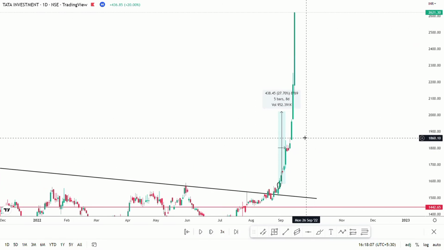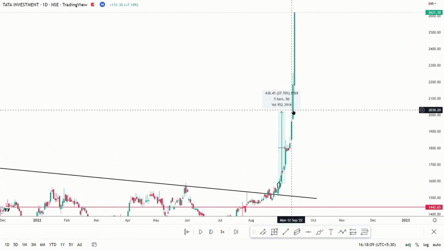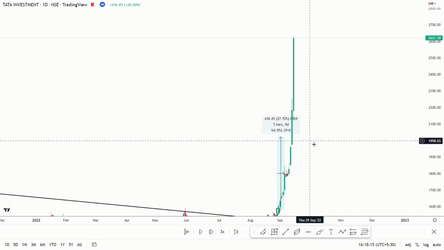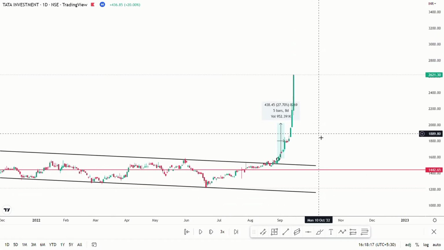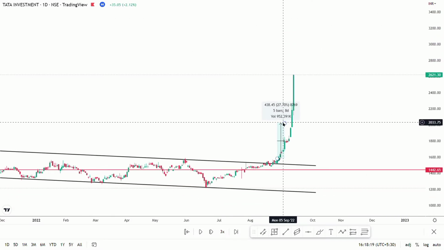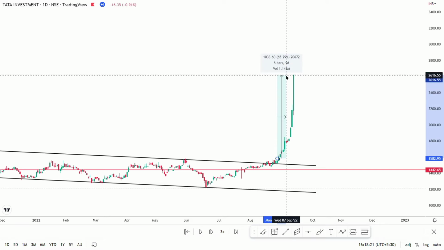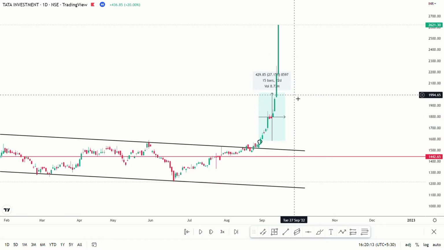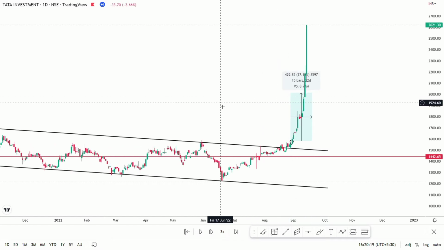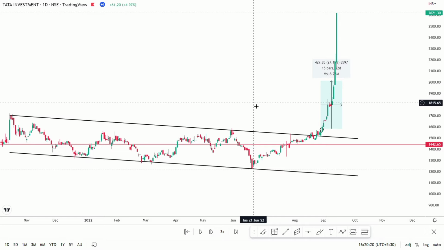As you see, this has given us a 1:3 risk reward ratio at this point, and this stock has also given us a 1:6 risk reward ratio. This is a very simple trade and this stock has given us a very good return from this simple channel pattern. So this is the first example.